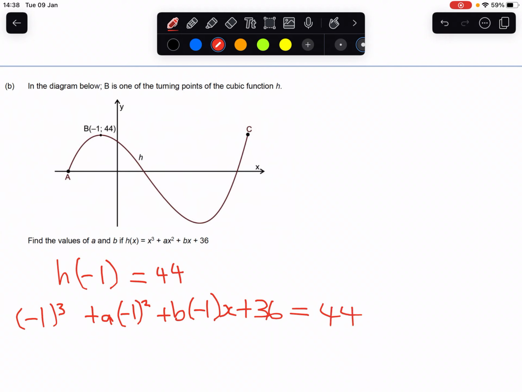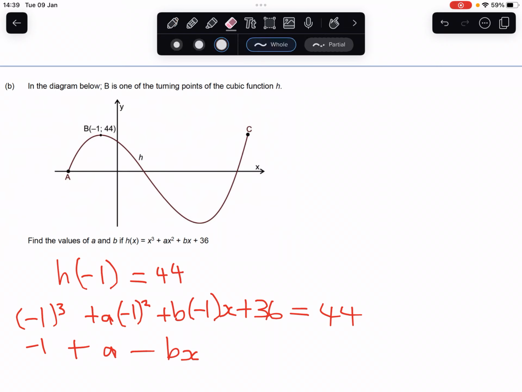Simplifying the terms, -1 cubed is -1, and then we've got a times -1 squared, so a times +1, which is just a, and then we've got b times -1, so we're going to end up with a negative b.